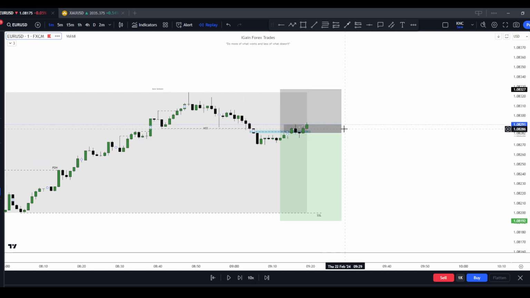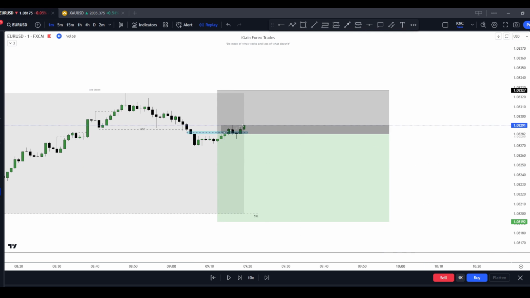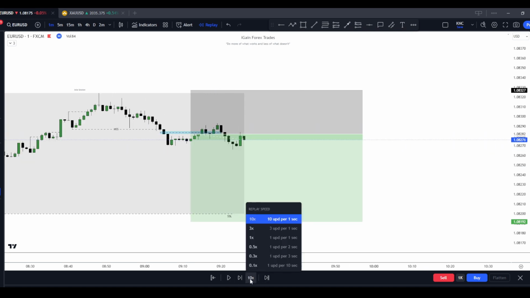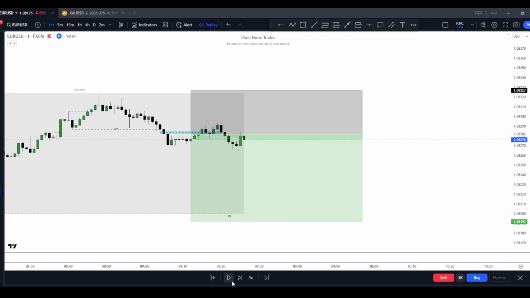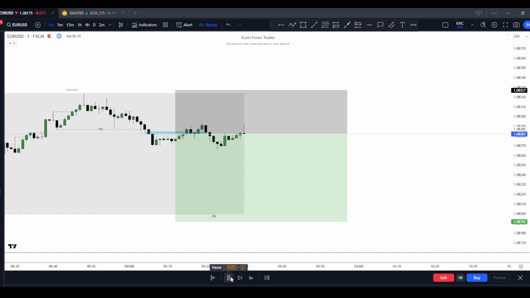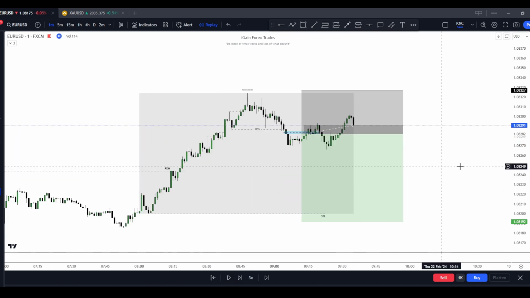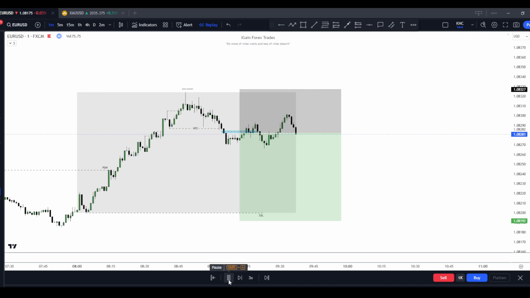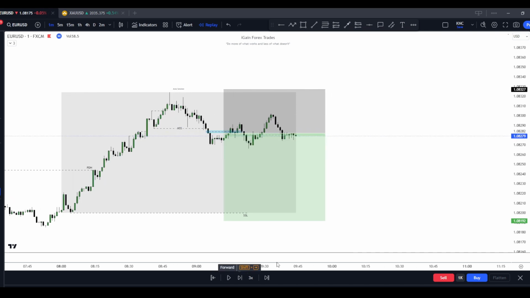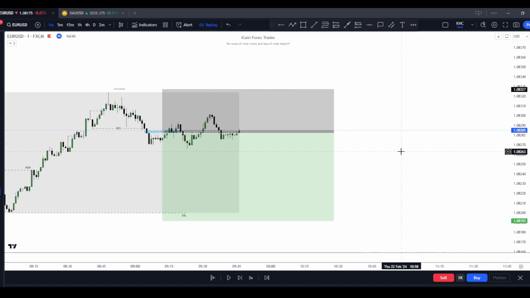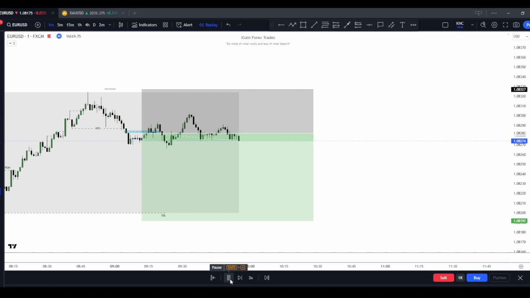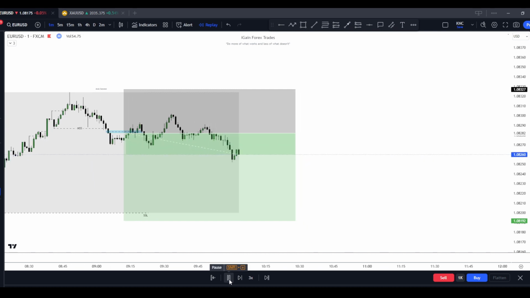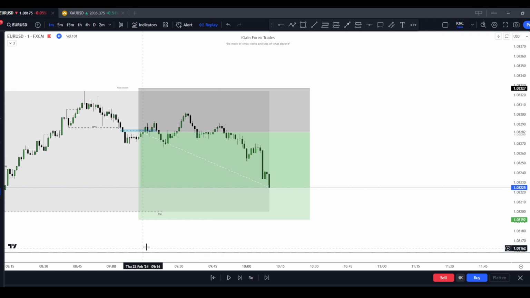Okay, guys, we have here this entry. Let's make it slow. Okay, we are currently here in a drawdown, but we are not yet stopped out. Okay, guys, we are now in a running profit.